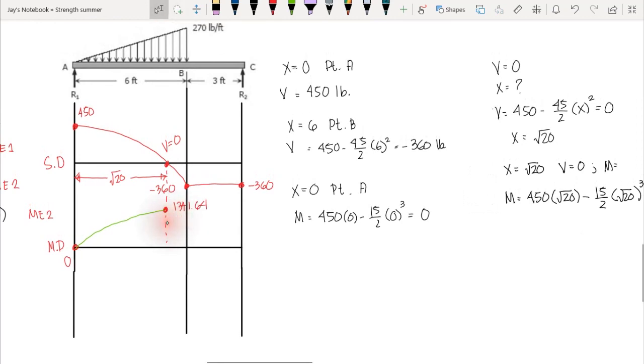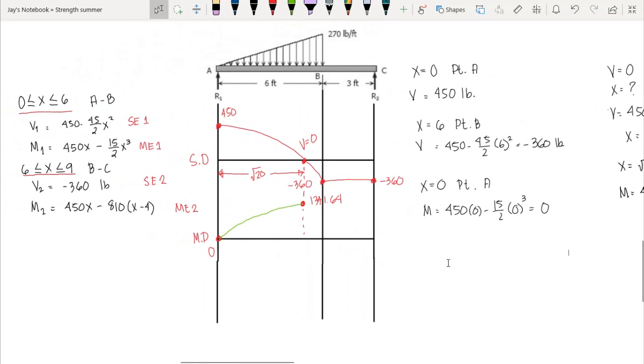Now let's compute the moment at point B. We have the same equation, 450x, at x equal to 6 feet, that is at point B, 6 feet from A. We have the moment equal to 450 times our distance from A, that is 6, minus 15 over 2 times 6 cubed, and this gives us 1080 pound feet.